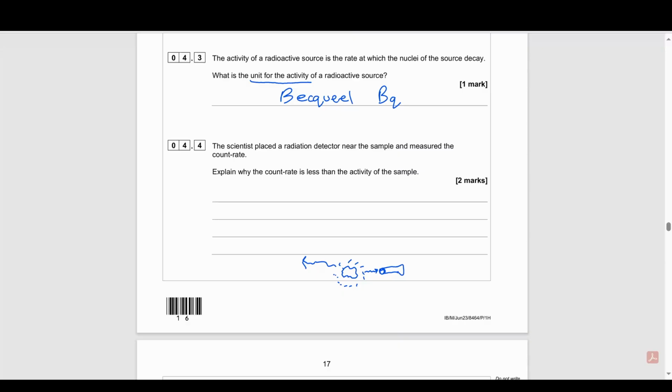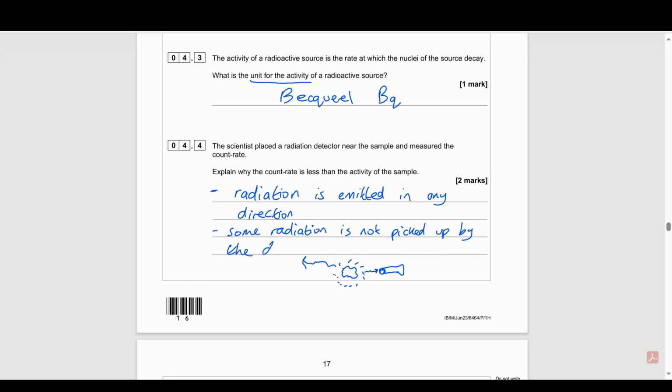So that would mean that some of the radiation that is emitted is not picked up by the detector, and that would explain the question. So the first thing that we can say is radiation is emitted in any direction, so some of the radiation is not picked up by the detector.